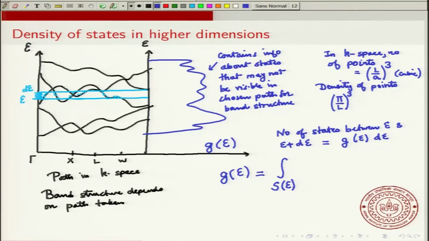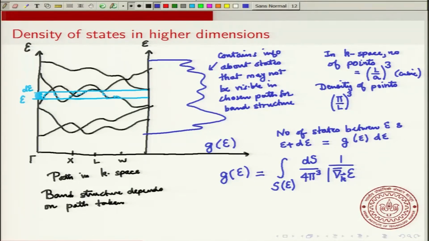This is a surface in K space of constant energy, and what you have is dS, the surface element, divided by 4 pi cubed, and you have 1 over the absolute value of the gradient of E of k.